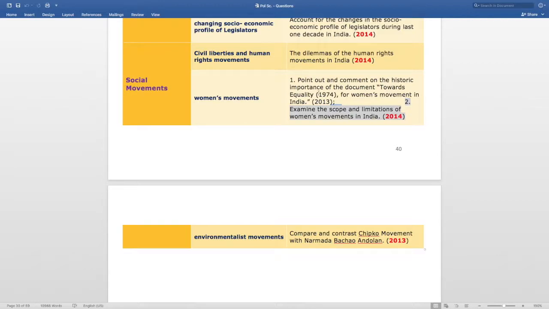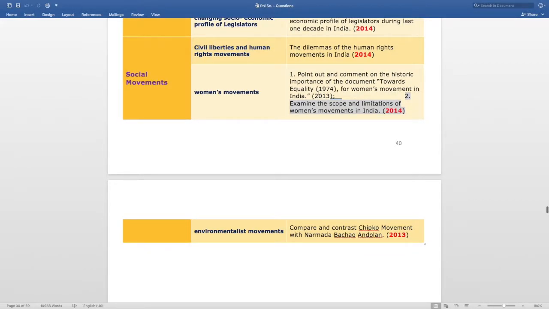The next subtopic is women's movements. The questions are: point out and comment on the historic importance of the document Towards Equality, 1974, for women's movement in India. It is asked in 2013.